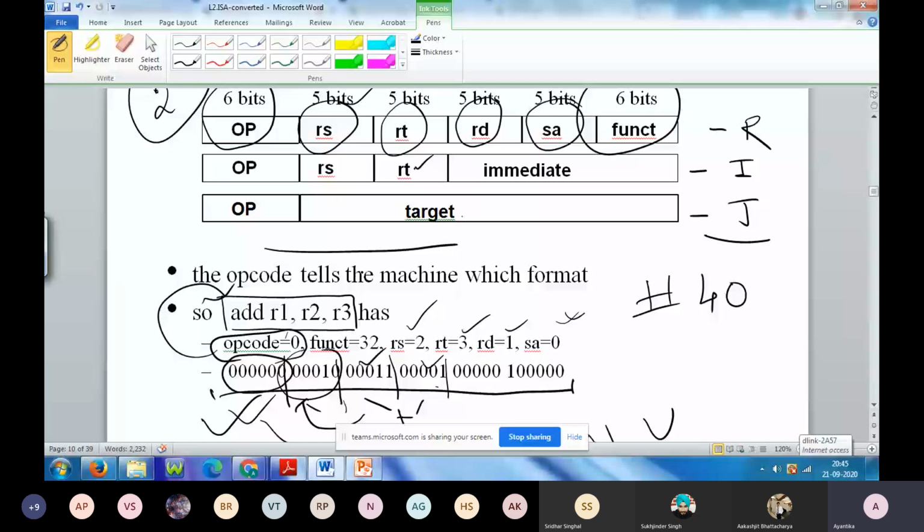You can think of a chart where all zeros signify addition, all 0 1 signifies maybe multiplication, subtraction, whatever it may be. You can always check the ISA details of different processors and you will get the details.